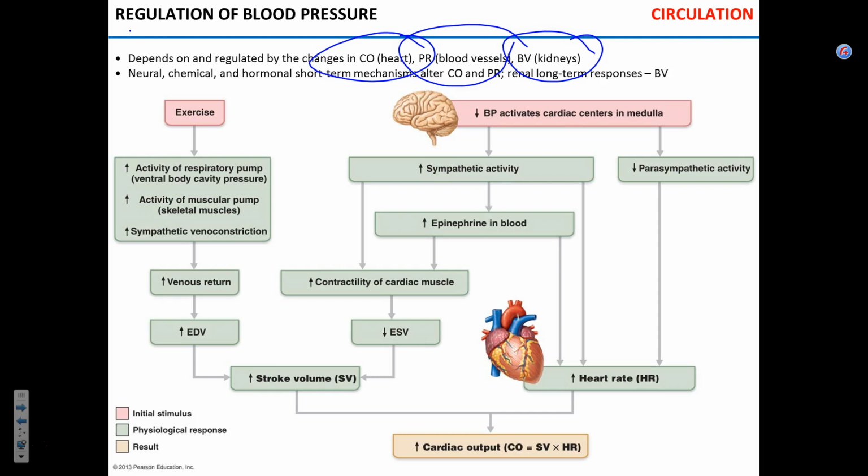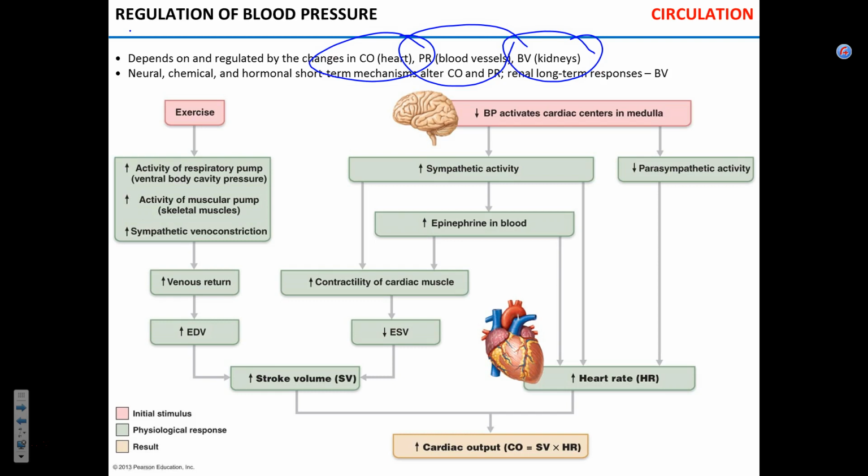Does that make sense? That's one thing. When do you want to reduce the blood pressure? When it's high. Yeah, basically in any case when blood pressure is abnormally high. Does that make sense?